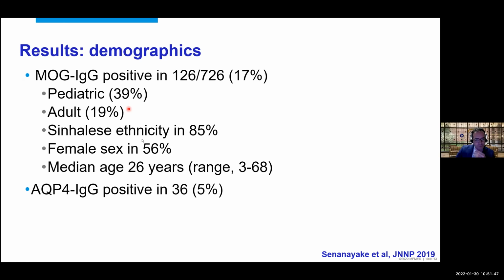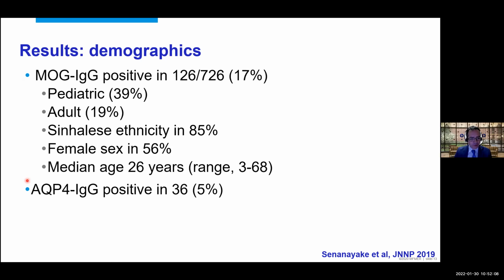We also found that many of these were of Sinhalese ethnicity. There was a more equal female to male sex distribution than we see with aquaporin 4 antibodies, where females predominate. And again, a little bit of a younger age cohort with many children, the age ranging from 3 to 68.